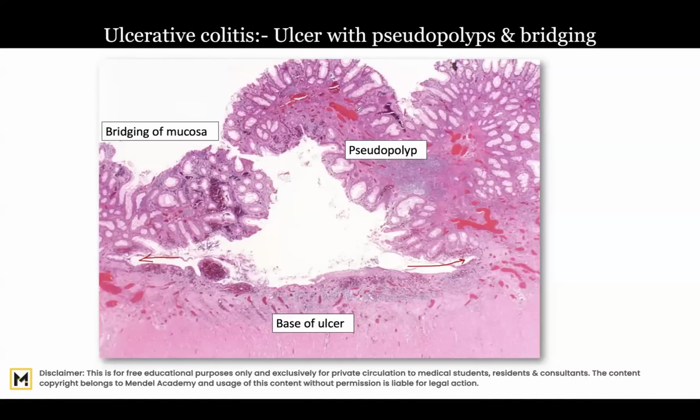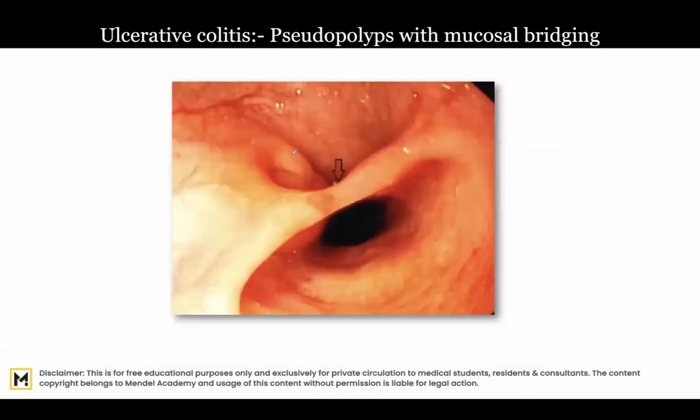The mucosa from the two adjacent polyps start bending and meeting each other, and there is eventually bridging of the mucosa. So this is a very classic phenomenon where you have a pseudopolyp with bridging of the mucosa, which is also seen on endoscopy. So this is a classic mucosal bridge that you see in ulcerative colitis, a very interesting phenomenon. This is not a real polyp, it's a pseudopolyp because of the ulcer.